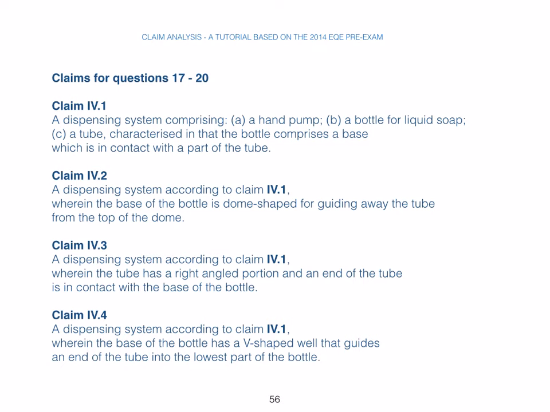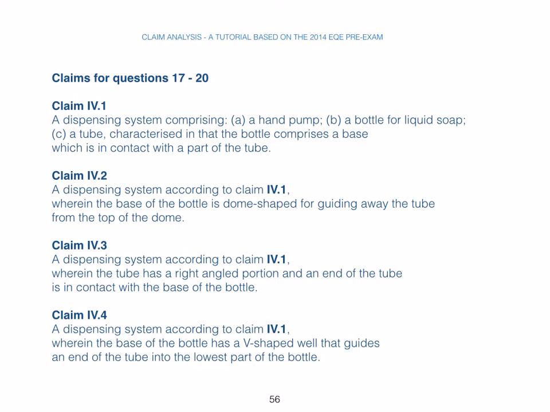And lastly, claim 4.4, a dispensing system according to claim 4.1, wherein the base of the bottle has a V-shaped well that guides an end of the tube into the lowest part of the bottle.